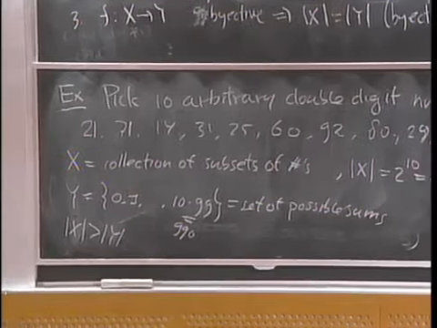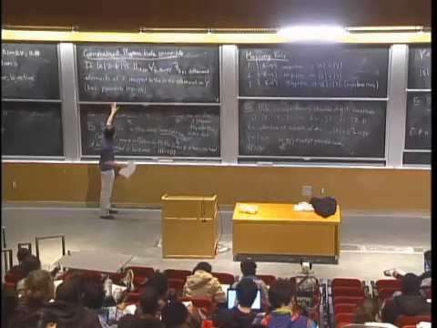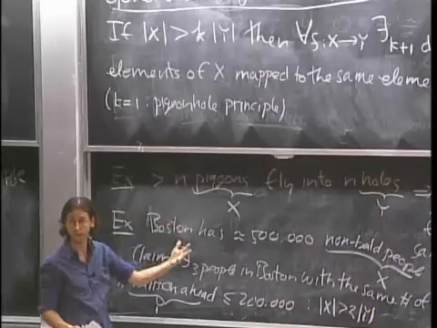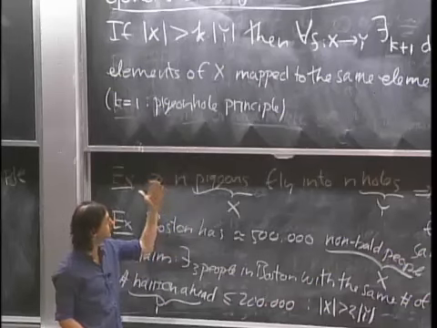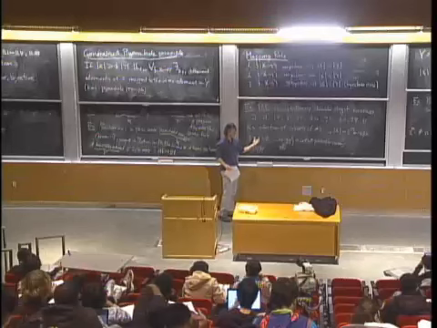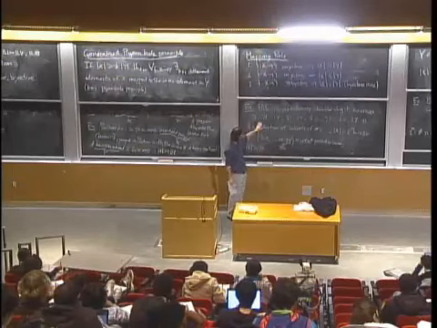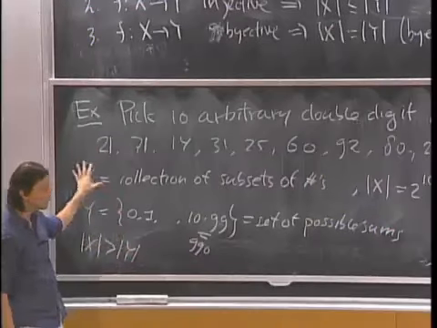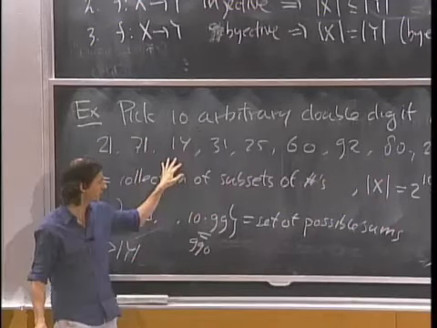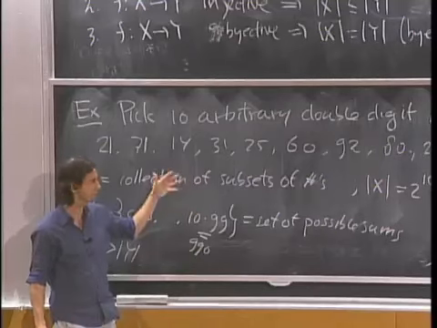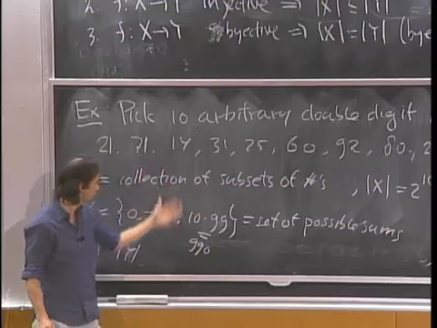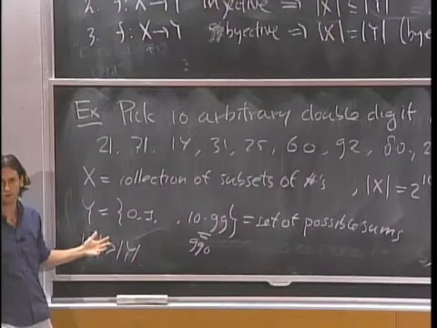So by the pigeonhole principle, we know that there exist at least two different elements of x. In our case, there exist two different subsets that map to the same sum, the same element in y, the same sum. So now we have shown that even though we have not shown any particular example that demonstrates this claim that there are two different subsets that have the same sum, we still got a proof using counting that this is true.